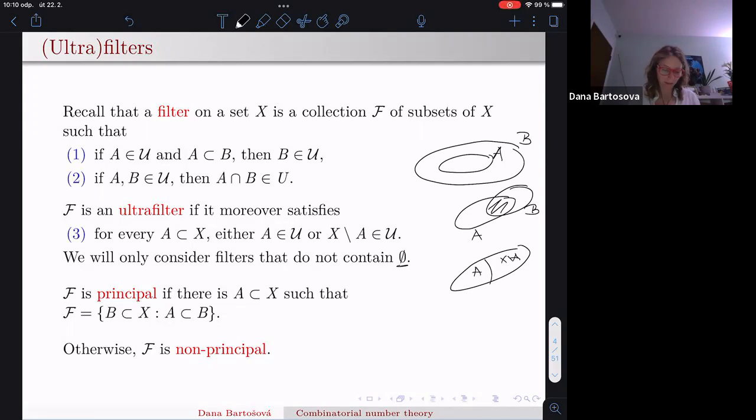And we always have principal filters and ultrafilters. These are the ones that are generated by a given set, or in case of the ultrafilters, these are the ones that are generated just by one point.